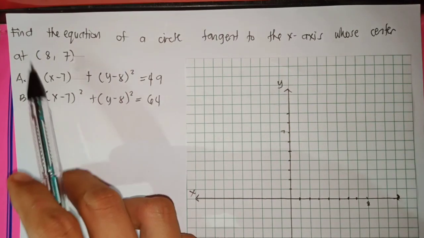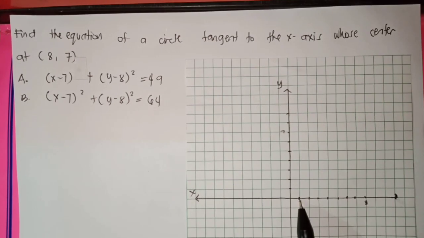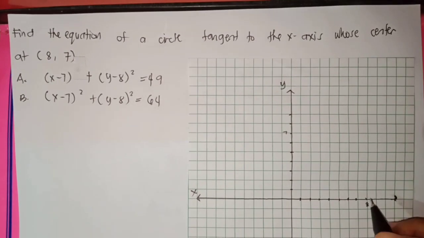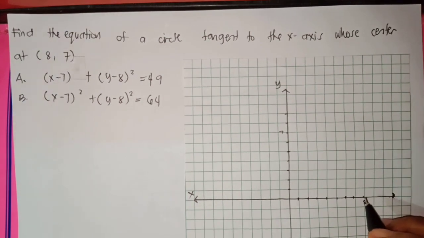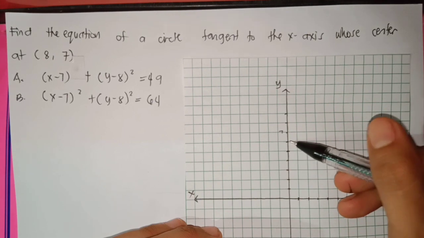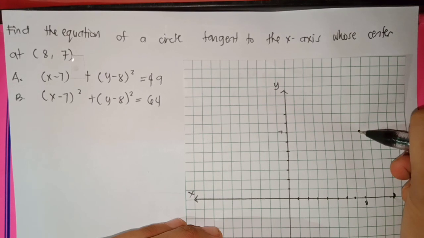For the value of x, we have 8: 1, 2, 3, 4, 5, 6, 7, 8. And for y, we have 1, 2, 3, 4, 5, 6, 7. So our center is here.